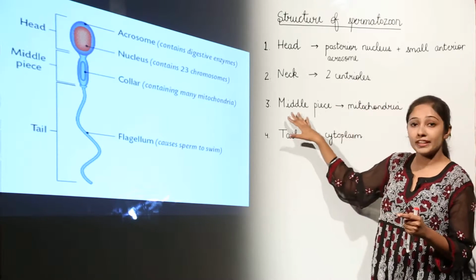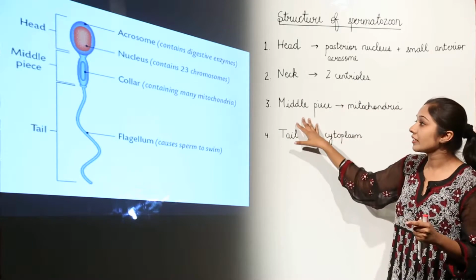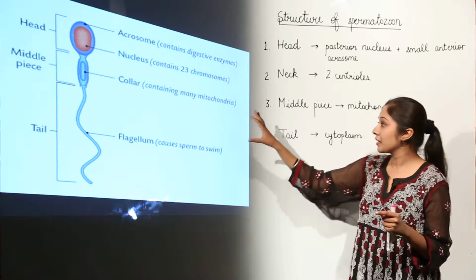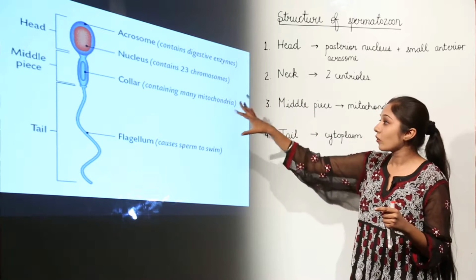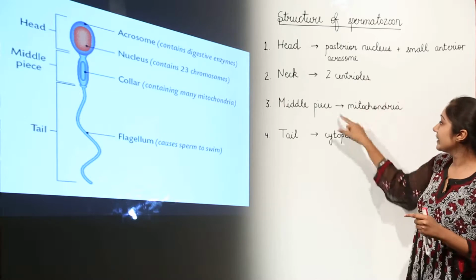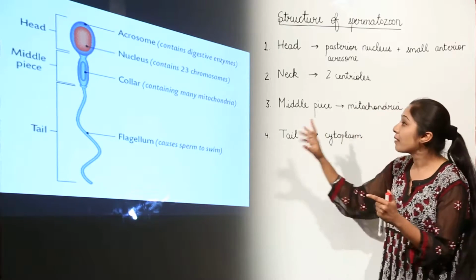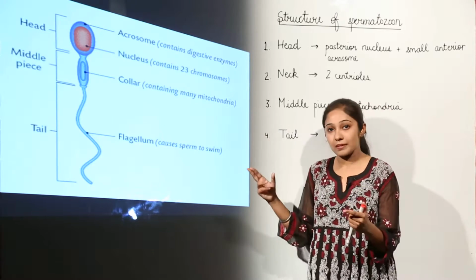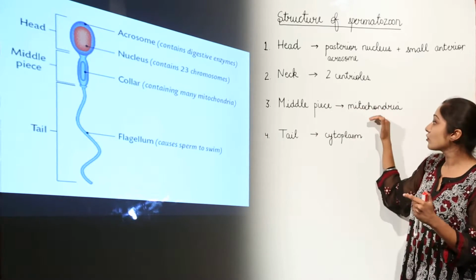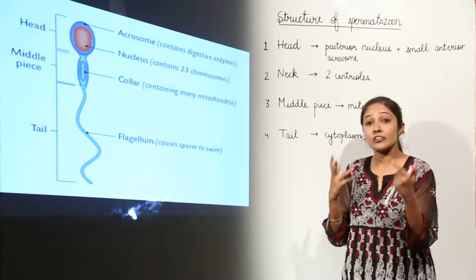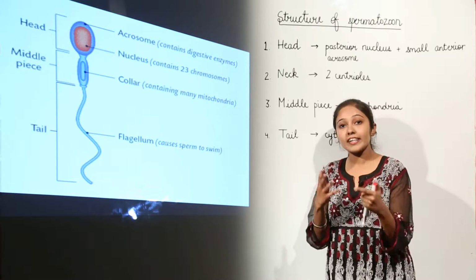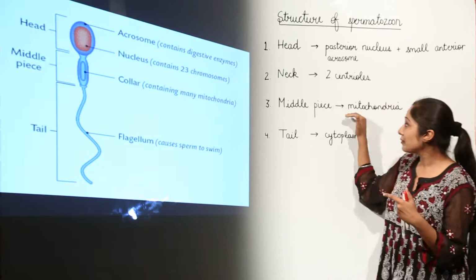Next we move on to the middle piece. The middle piece, or the middle region of this sperm, you can also call the collar. It contains a lot of mitochondria which is bound along that axial filament. Now the role of this mitochondria is to generate ATP, to generate energy. Why does a sperm need energy?